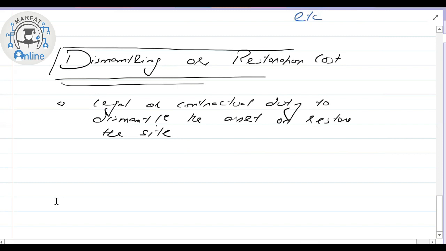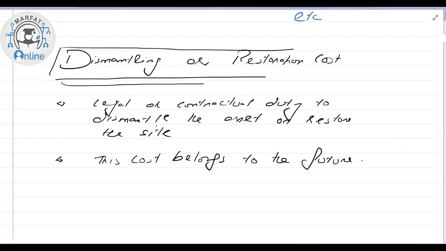So there is a legal or contractual duty to dismantle the site, and this cost belongs to the future. For example, you have to dismantle the site after 5 years. So this expense of dismantling or restoring will occur in the future.